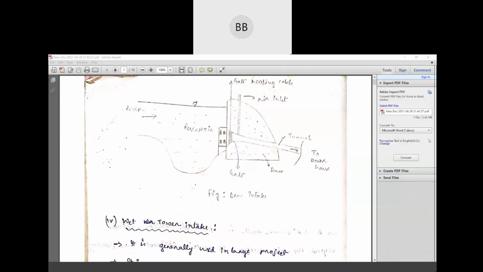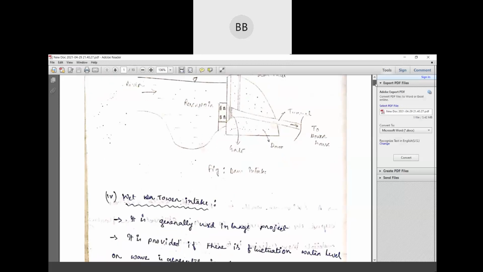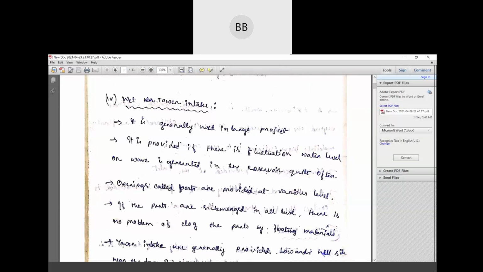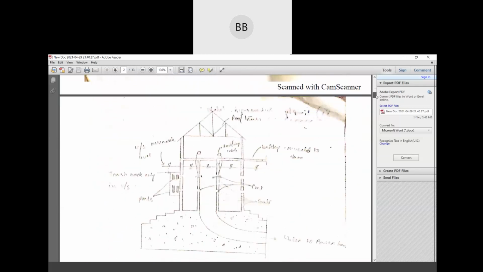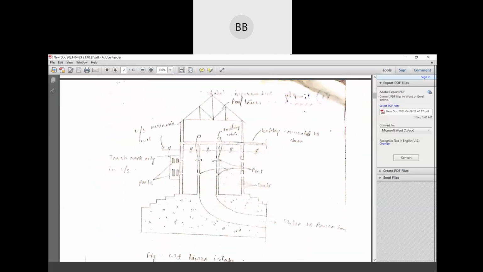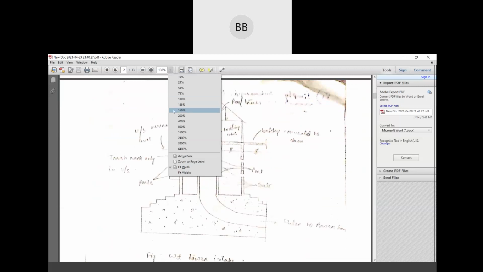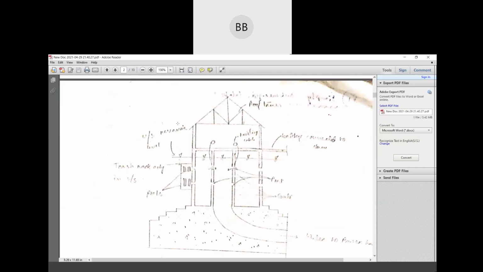Okay. So next you write wet tower intake. First you draw the diagram. This is nothing but the roof truss.